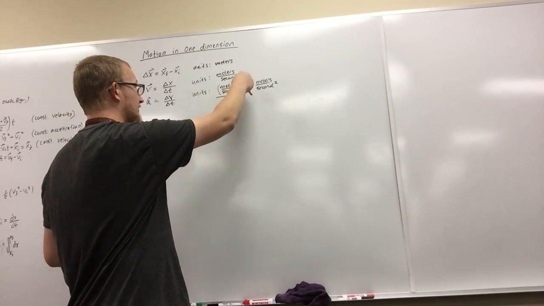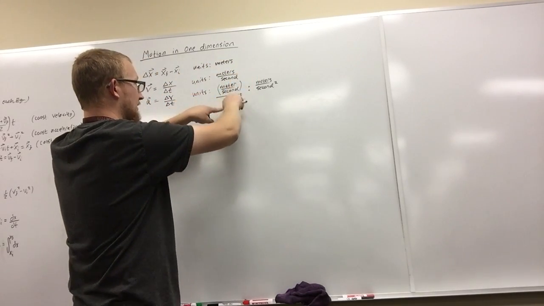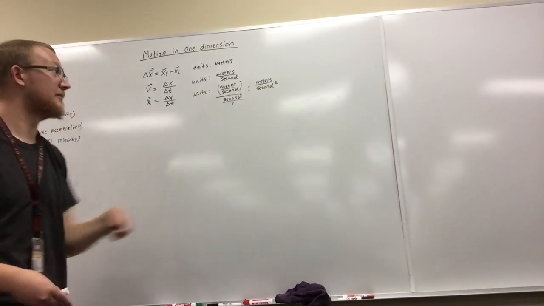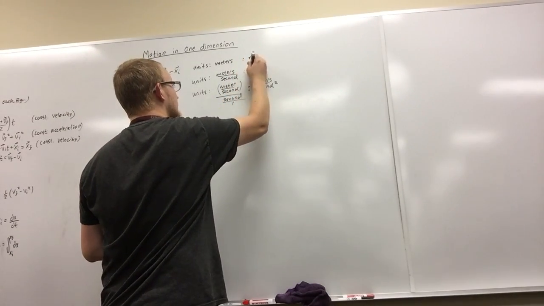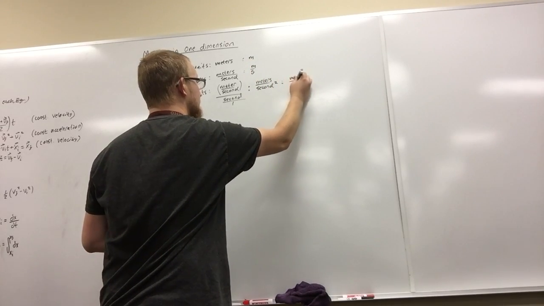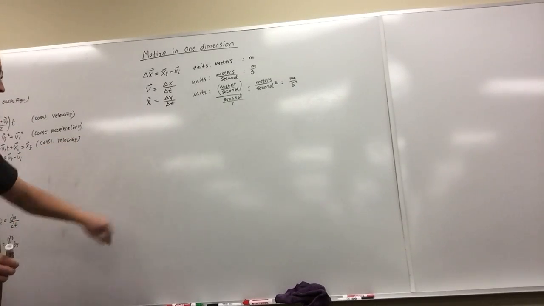So when we invert and multiply, we get meters times 1 equals meters, and now seconds is on the bottom. Second times seconds is seconds squared. So yeah, now we've got meters per second squared. And so now we're looking at acceleration.